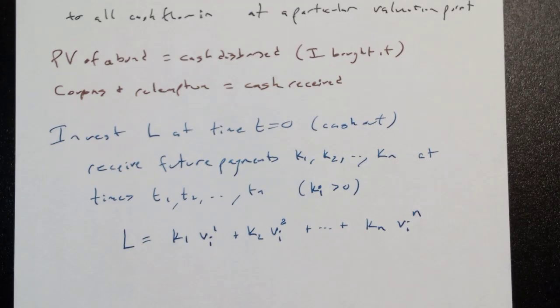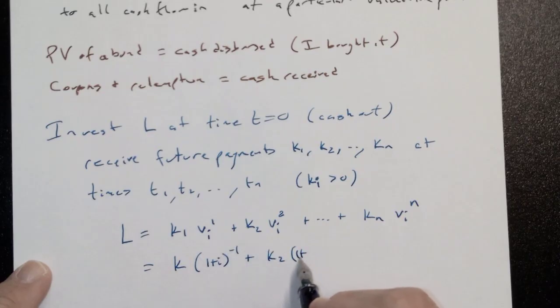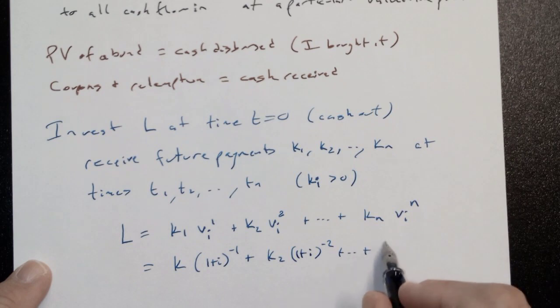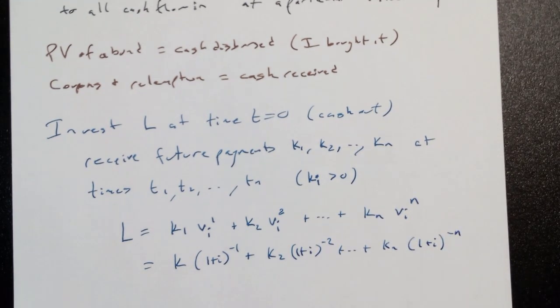Oh, I suppose I am doing regular setups at this because I'm using v to the i as opposed to irregular ones where I'd have to separate the T1 through Tn as my exponents. And we can convert that to 1 plus i if you'd rather. And our goal is to show and use what we know about these equations to find a unique solution for this i.